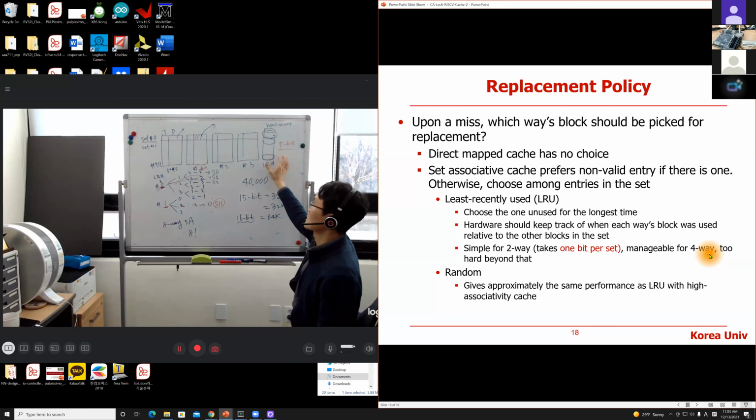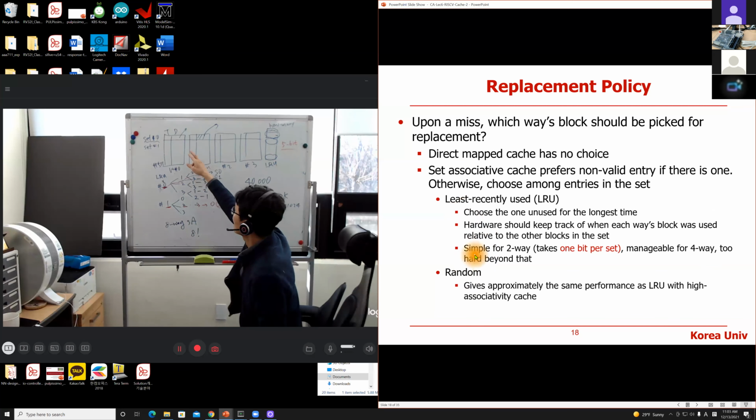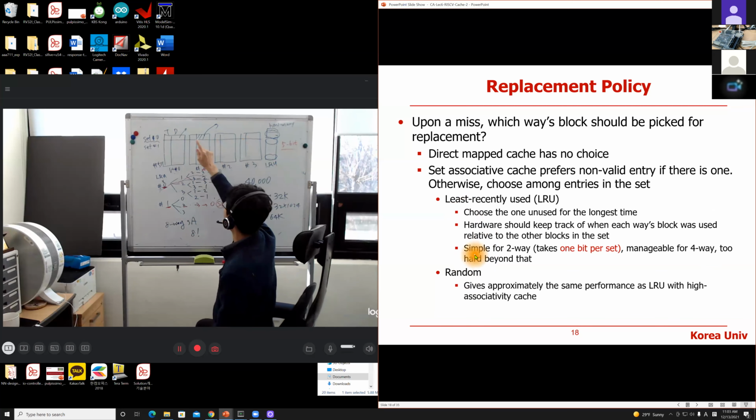So true LRU is not actually used in real processors. In real processors, people use pseudo LRU, simplified LRU, or random. Randomly pick: you have a cache miss, then which one do you want to pick?